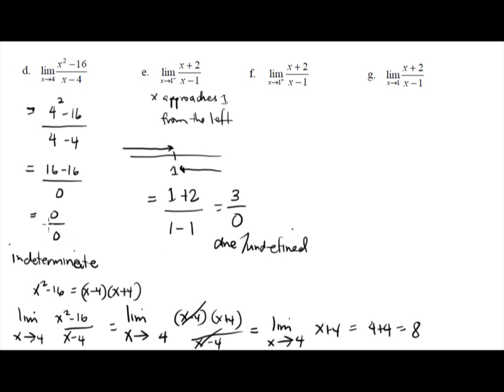Take note how this 0 over 0 is different from 3 over 0. 0 over 0 is indeterminate. Any non-zero number in the numerator divided by 0 will be undefined. So these two are different. In this case, we don't need to simplify the expression because clearly the limit is undefined.